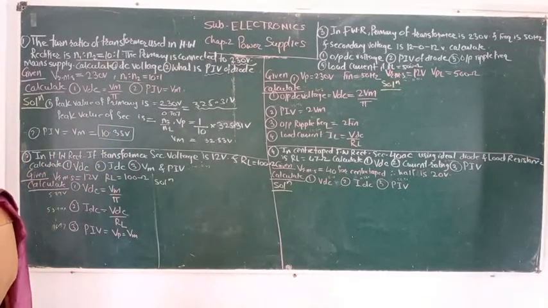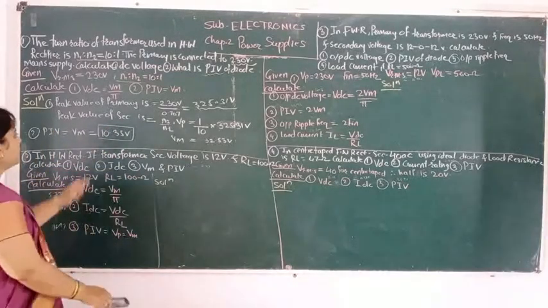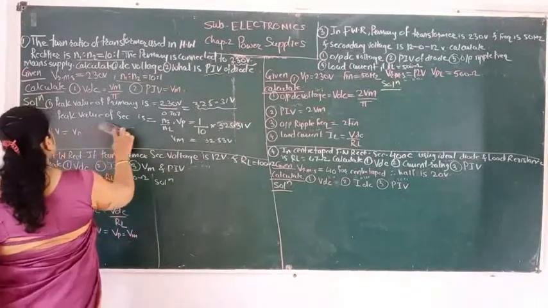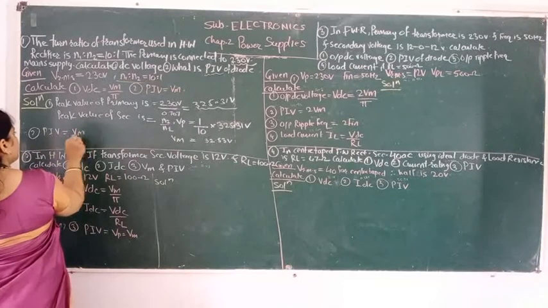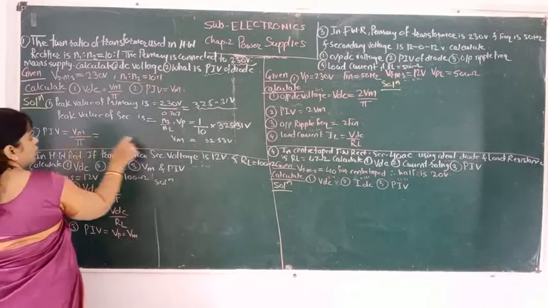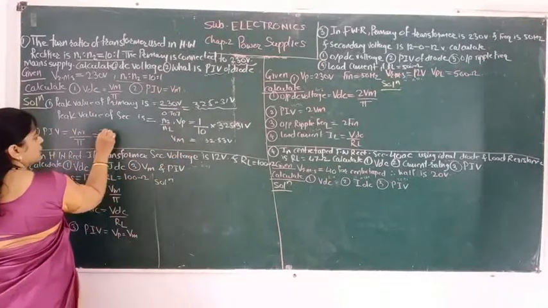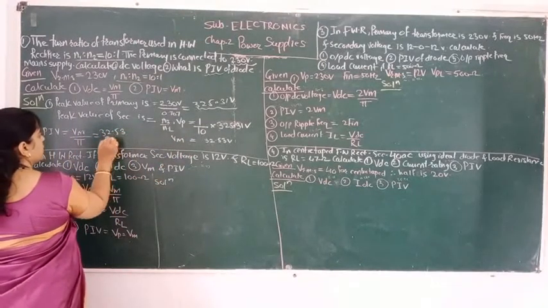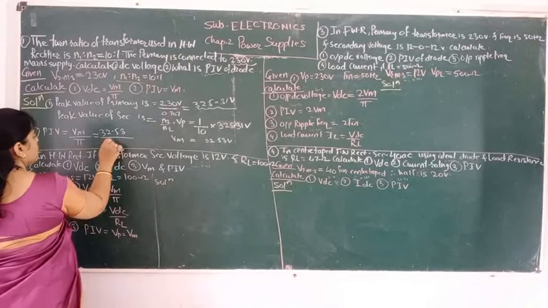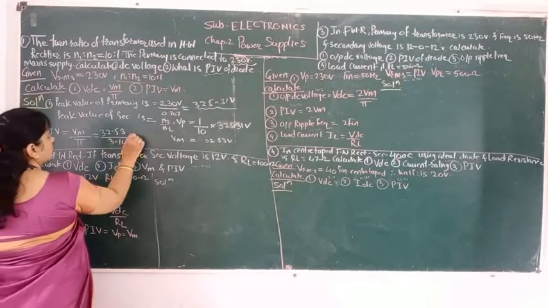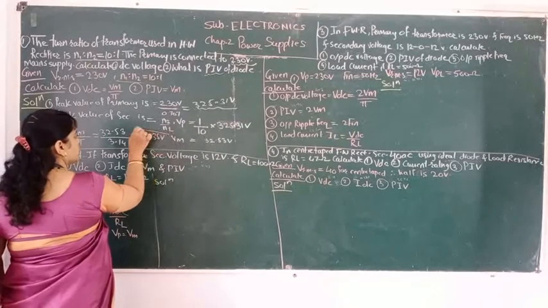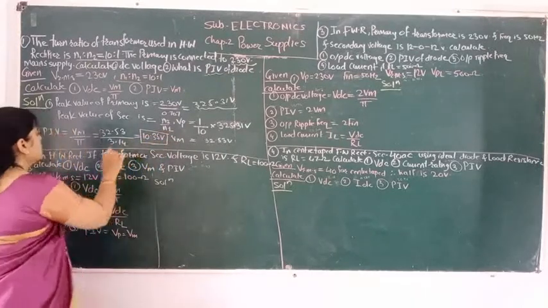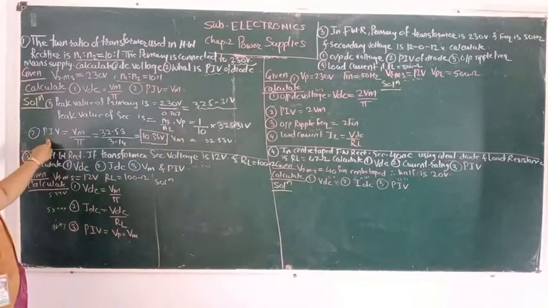For half wave rectifier, PIV is Vm divided by pi. So the value of this Vm is 32.53 divided by pi's value, 3.14, and it is 10.35 volt.